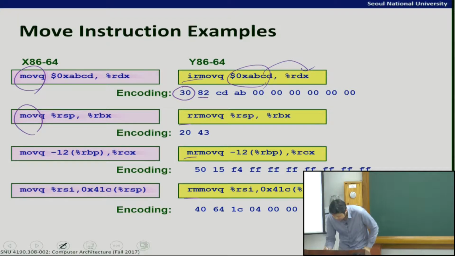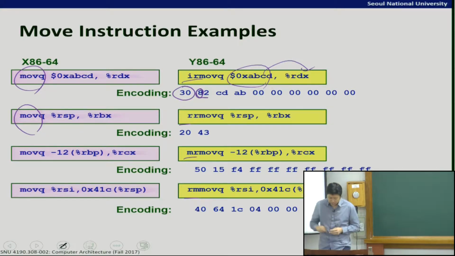To be precise, this one must be F, but it doesn't really matter because this register field is unused anyway. For the IR move instruction, we only need one register operand, right? And that register operand is specified in the lower nibble of the second byte.